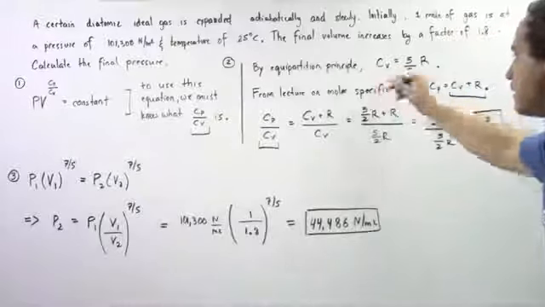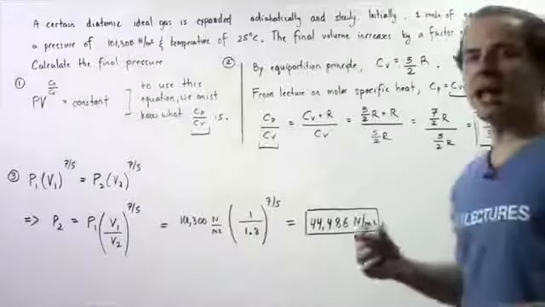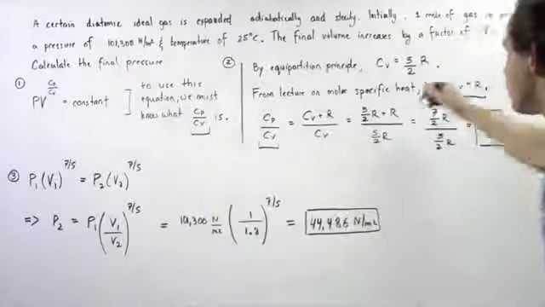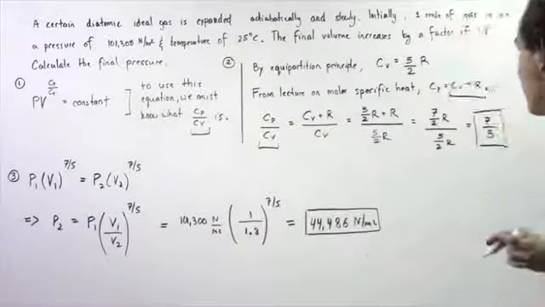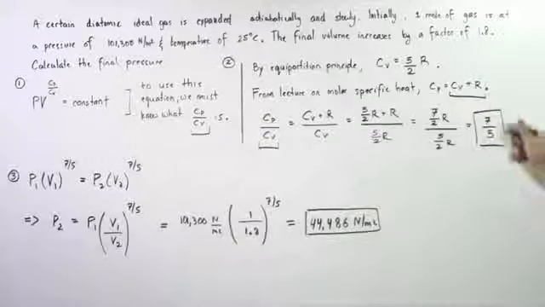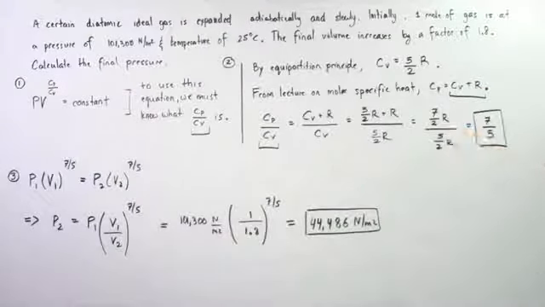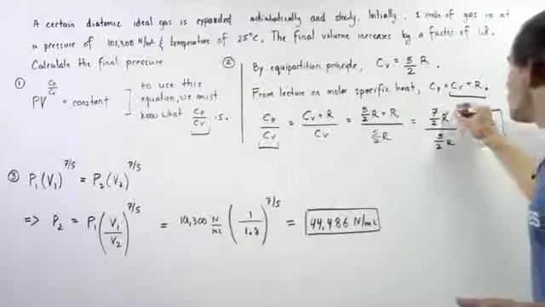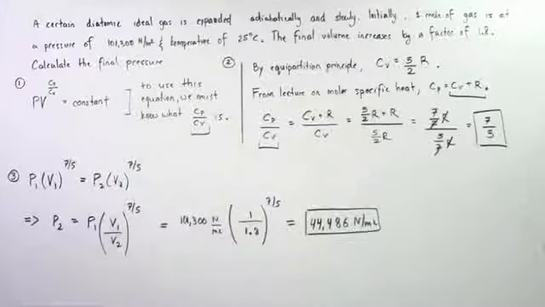So we have 5 divided by 2 multiplied by R plus R, divided by 5 divided by 2 multiplied by R. Now, this R is the same thing as 2 divided by 2 multiplied by R. So the top becomes 7 divided by 2 multiplied by R, and the bottom remains at 5 divided by 2 times R. The R's will cancel, the 2's will cancel, and we're left with 7 divided by 5.